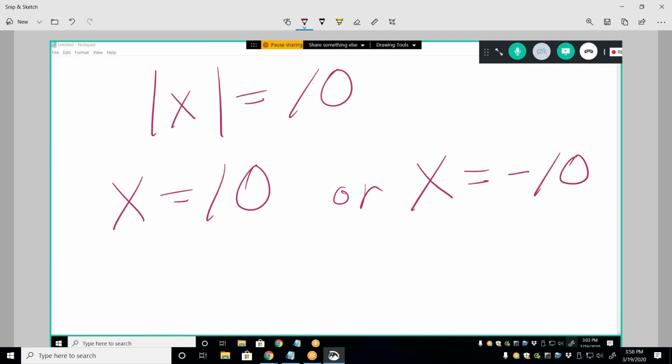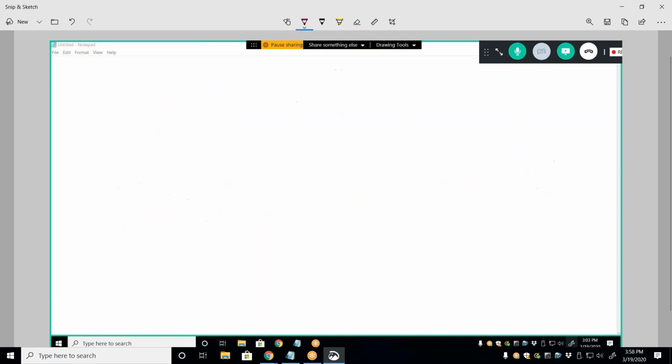In other words, the absolute value always means the positive number. So the absolute value of negative 10 is 10, right? Yes. Absolute values are really easy in that regard. No matter what goes in the absolute value signs, it's positive when it comes out.